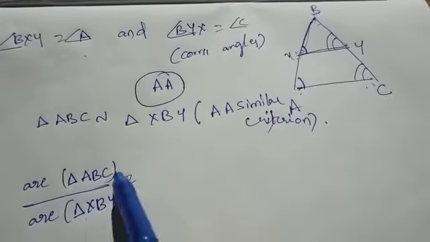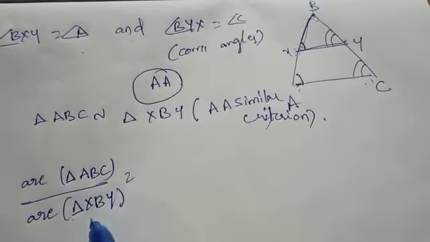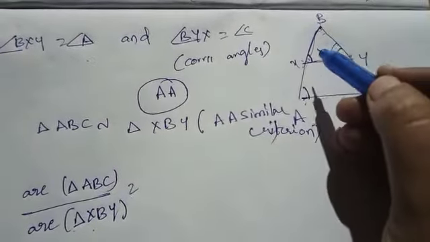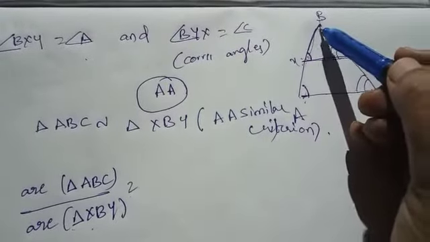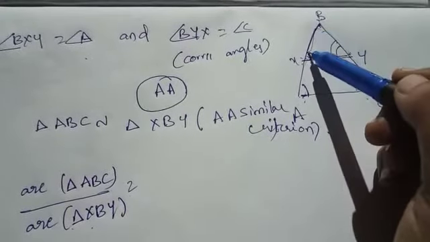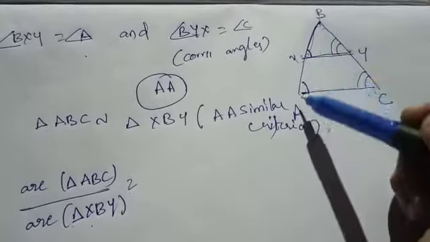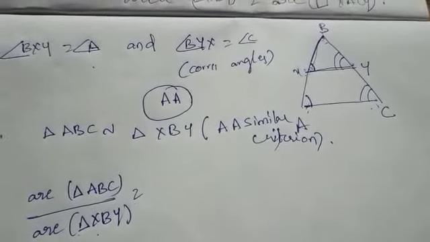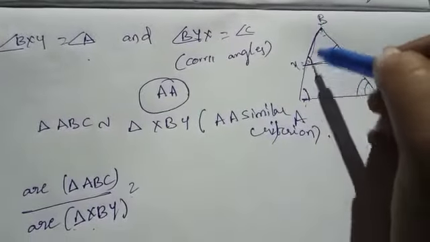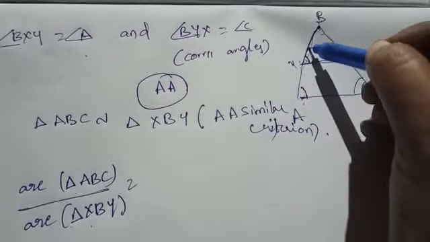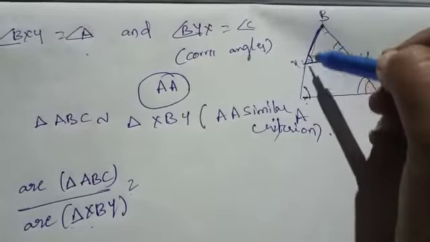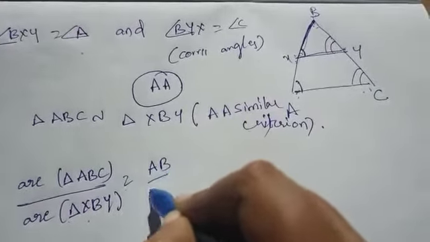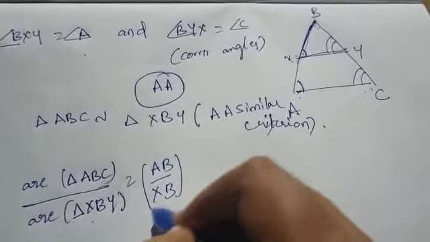The ratio of areas of two similar triangles is equal to the square of the ratio of the corresponding sides. AB by the corresponding side BX or XB.